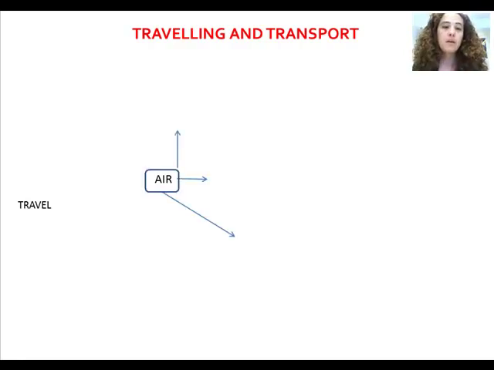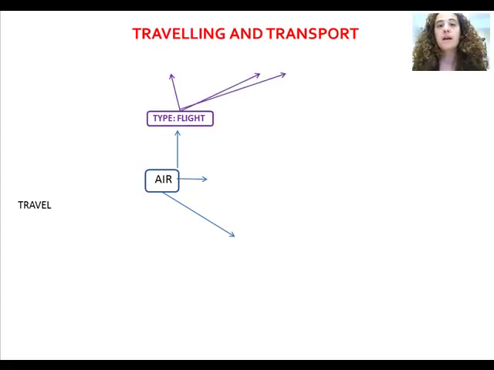So we establish our main concept, and then we relate to that a type of transport. That would be a flight, and then the way by which, how do we go on a flight, what type of plane or similar are we going to use. That way we can relate to a light aircraft, an airplane, a jet, and a helicopter.